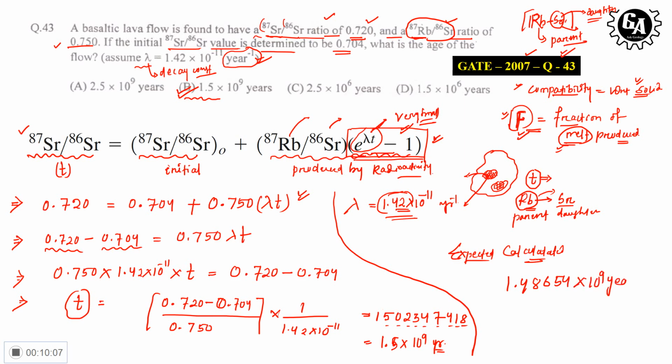So if you get this number 1.48, you can make it 1.5, or it is nearer towards this value 1.5 into 10 to the power 9. Okay, this is 10 to the power 6, not applicable, and 1.5 only is the answer. Because this e to the power lambda t minus 1 value is getting very diminished or very low, that's why they are using this formula.